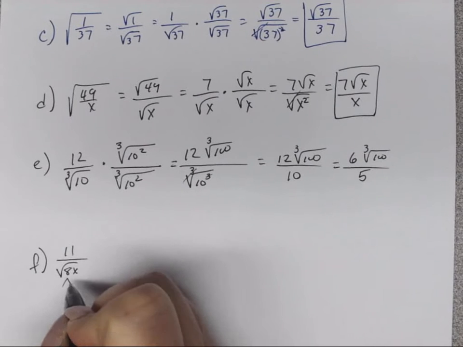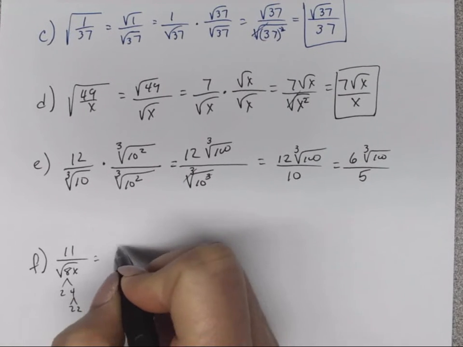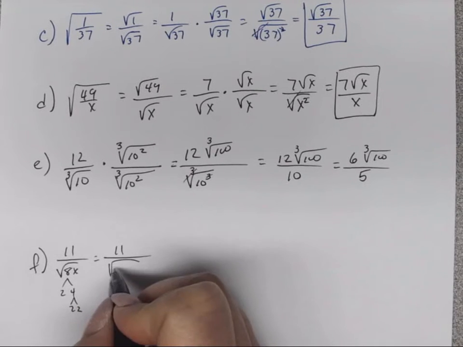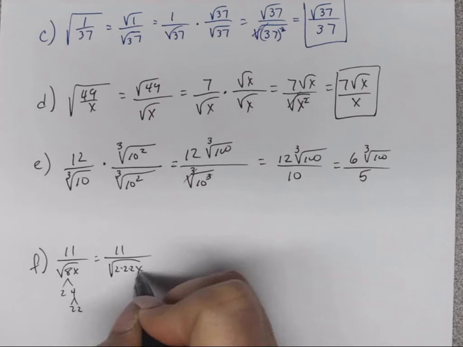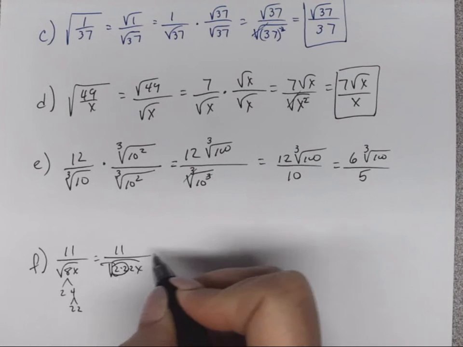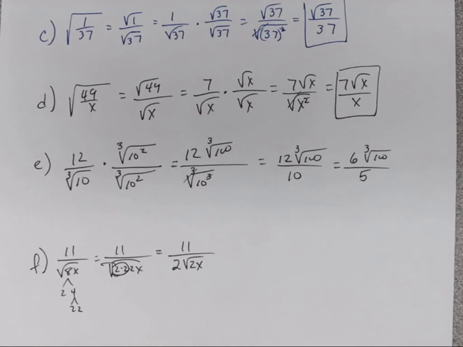So 8 would be 2 times 4. 4 is 2 times 2. So 11 over the square root, 2 times 2 times 2, x. So I can take a group of 2 2's out. So we end up with 11 over 2 square root of 2x.